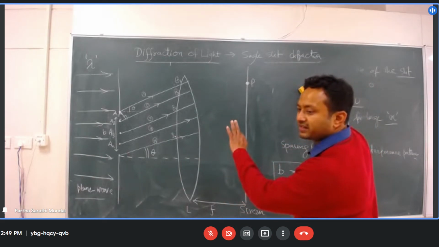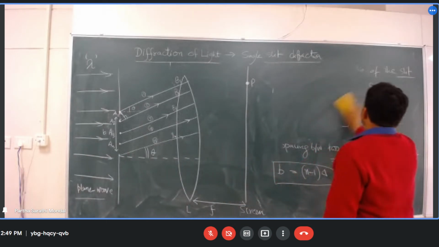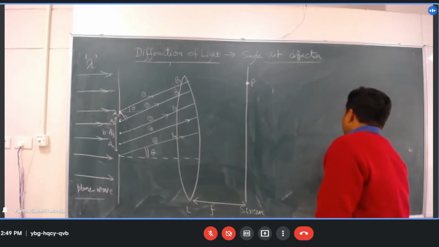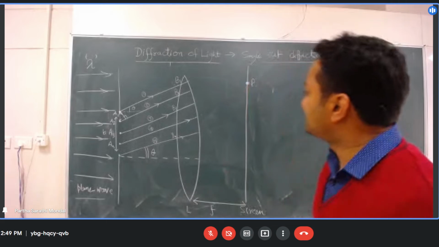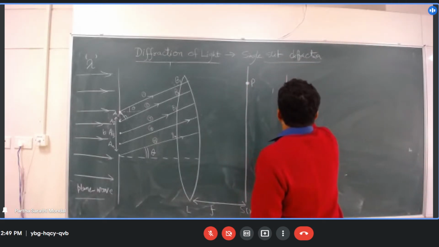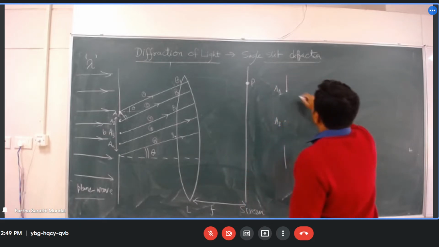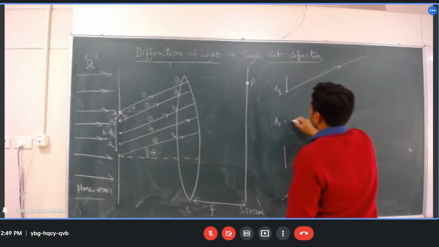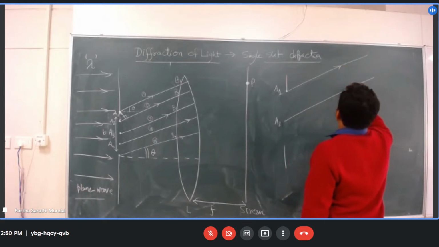ये फिगर दिख रहा है ना ठीक से? मैं इसको ठीक से ड्रॉ कर रहा हूं. Let's say this is your slit. Let's say this is your A1 point, and this is your A2 point. Okay, this is ray number 1 and this is ray number 2.